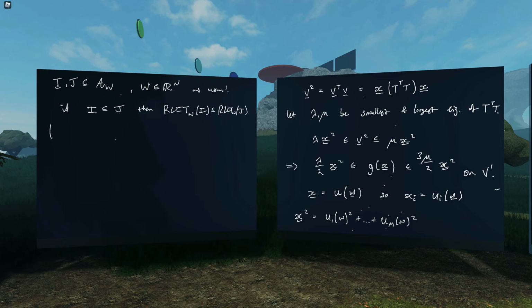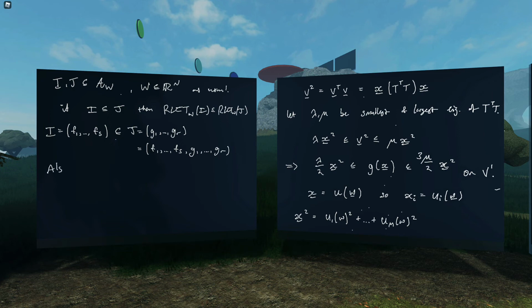So say I is a subset of J, but that's just the same as if you just add in all the F's. Which is the lazy way of proving the same result.